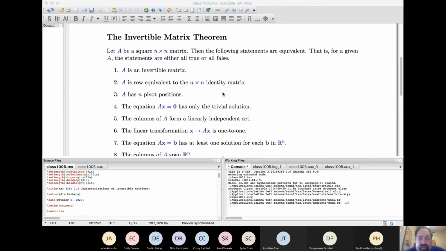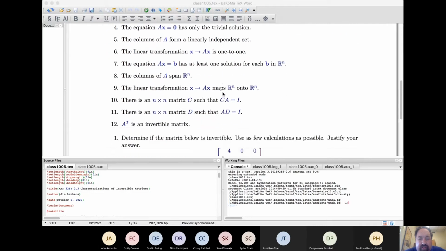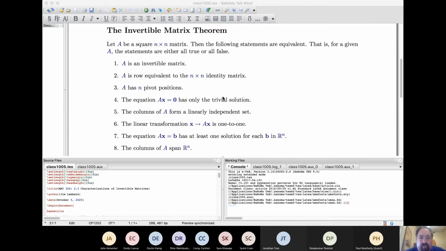This theorem is a series of statements, 12 statements in all, that are all saying exactly the same thing. So if you have A being a square n by n matrix, so all of this talk today is only about square matrices, these statements are either all true or all false. So if you know that the matrix is invertible, you can reduce it to the identity matrix by row operations. It has a pivot position in every row and every column because the number of rows and columns is the same.